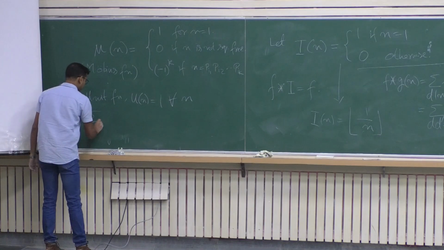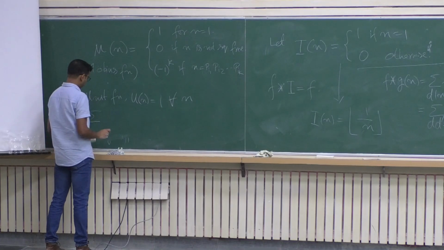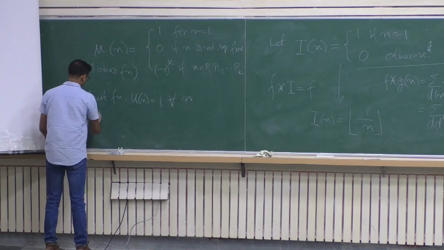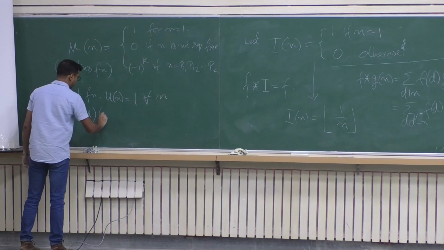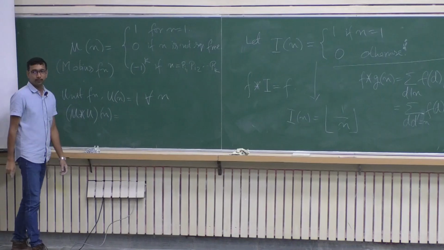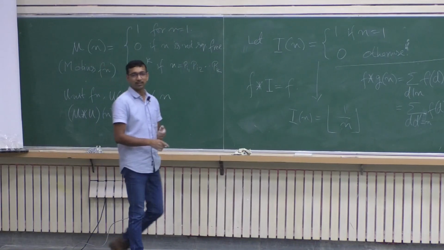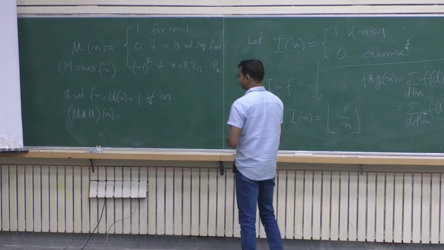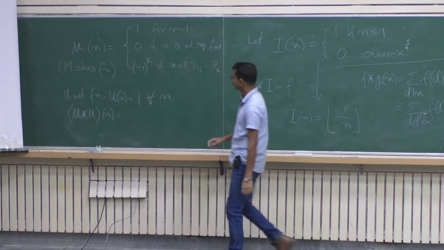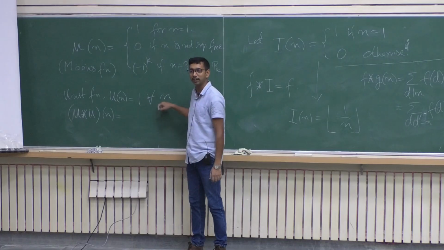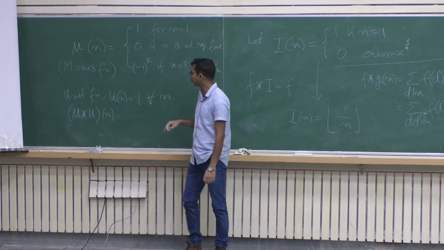So consider the sum, well, just compute this: mu star u of n. What is that? u is identically 1 for all n. We call it the unit function.